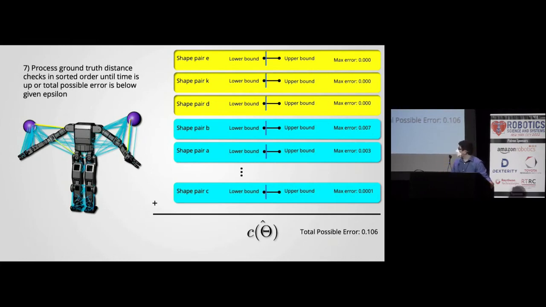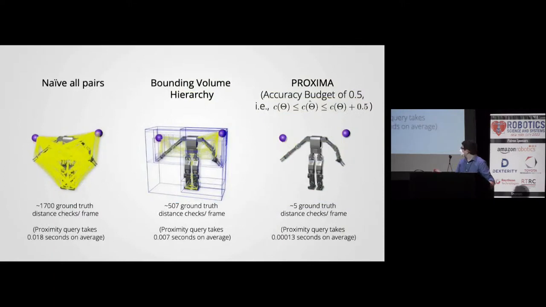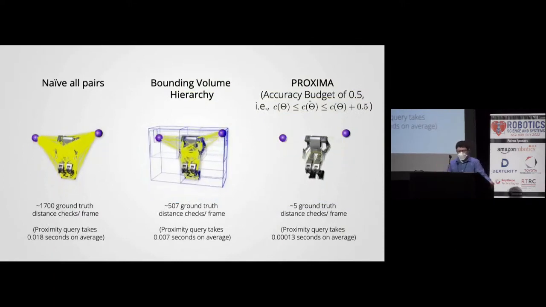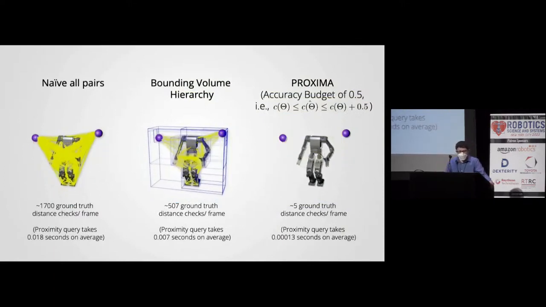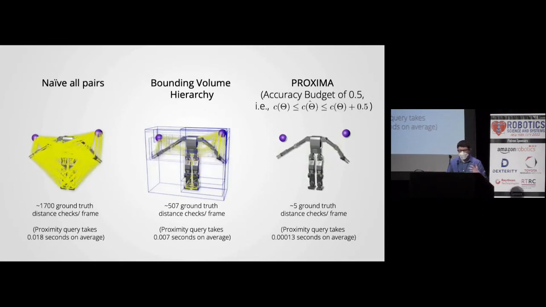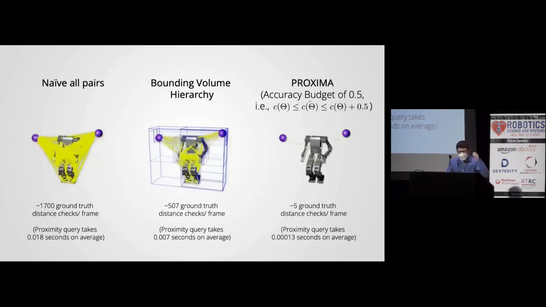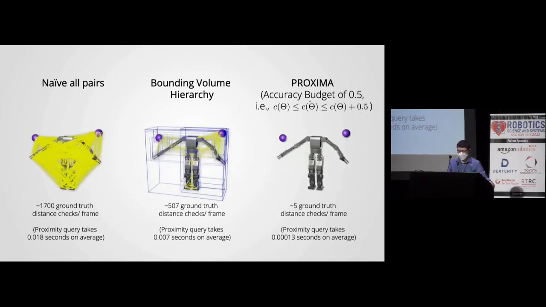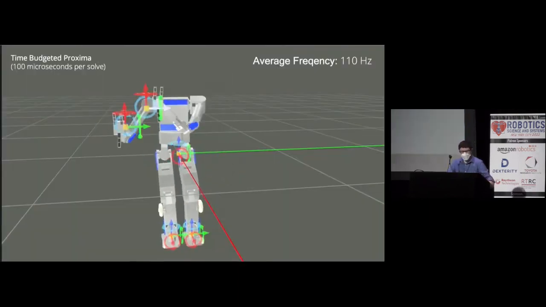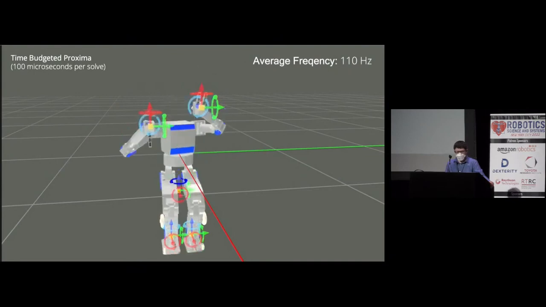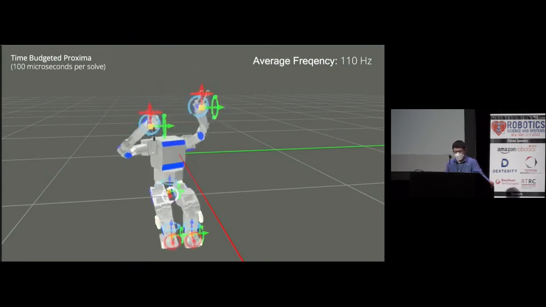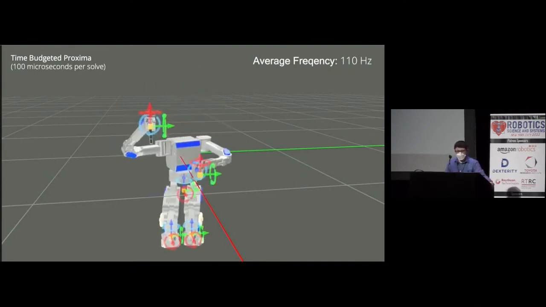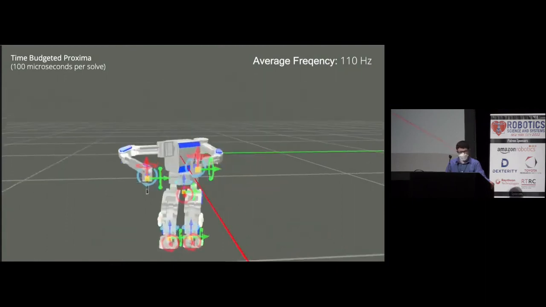So briefly looking at some results, we see that Proxima here with an accuracy budget of 0.5 is much more efficient as it requires many fewer expensive signed distance checks, all while having a cautious, comprehensible bounded error. Our paper shows that Proxima and its gradient can be incorporated into robot motion generation tools, such as this optimization-based inverse kinematic solver seen here.